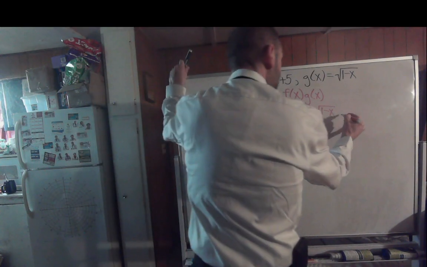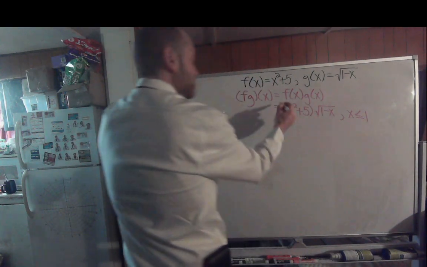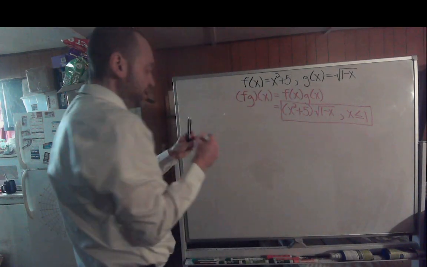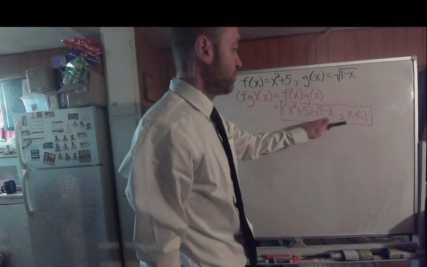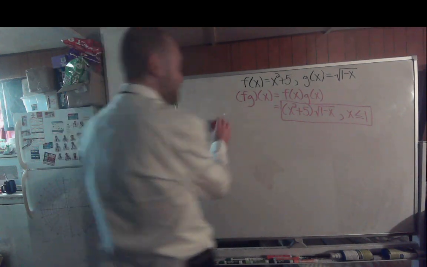Again, provided that x is less than or equal to 1, so you can make what's under the radical defined. So f times g of x is x squared plus 5 quantity times the square root of 1 minus x, provided that x is less than or equal to 1.